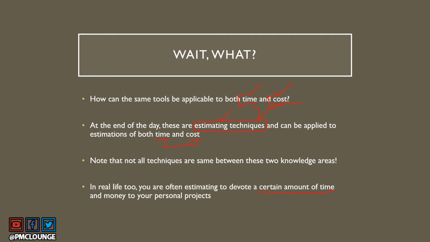And how much money is it going to take? So even on your personal projects, the two things that you often think of together are the amount of time and the amount of money required to complete those projects, right? So that is the reason why time and cost estimating techniques are pretty similar and they overlap.